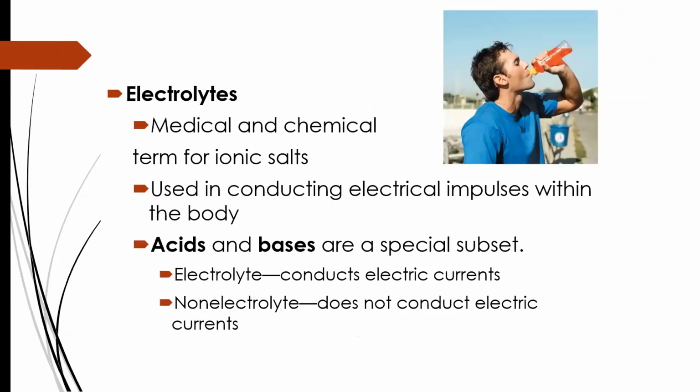Now, solutions can be further split into two categories. One is called an electrolyte, and then from there, there's a smaller subset called acids and bases. Electrolytes is a medical term, but it's also a chemical term. What electrolyte means is that the solution can conduct electricity. It has the ions needed inside, so it can conduct electricity, whereas a non-electrolyte doesn't conduct electricity.